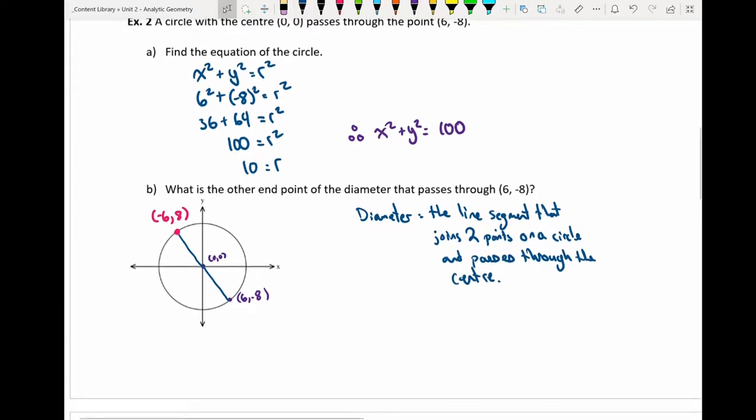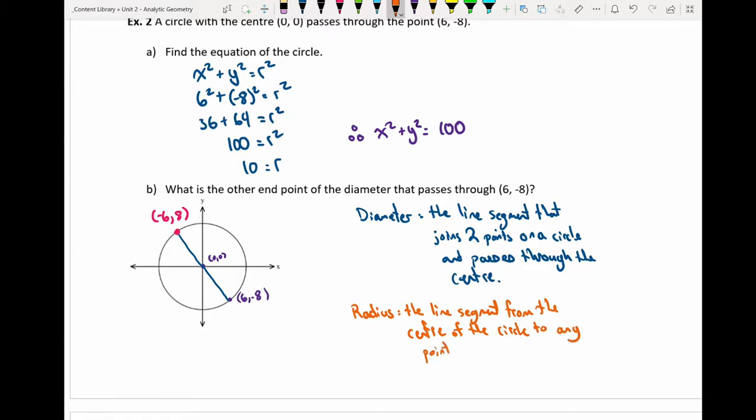And then we have our radius, which is the line segment from the center of the circle to any point on the circle. So just some definitions again if we're unclear of what we were trying to solve for.